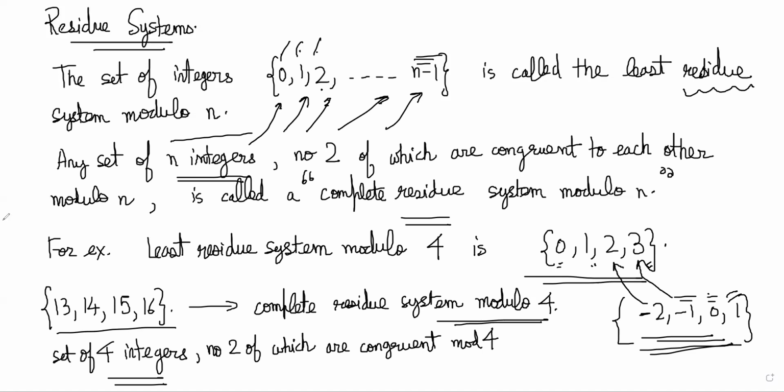Now, what we look at is the Euler's phi function. I feel like I have introduced this before, but in case I haven't, I'll just talk about the Euler's totient function, the phi function, and then I will talk about the reduced residue systems, right?